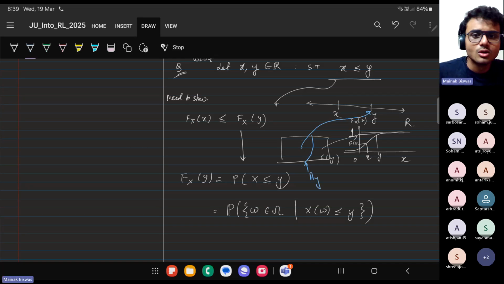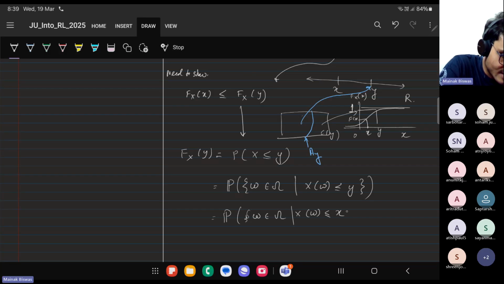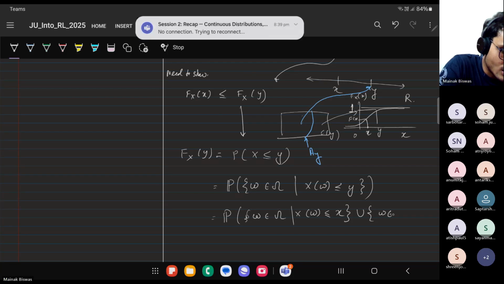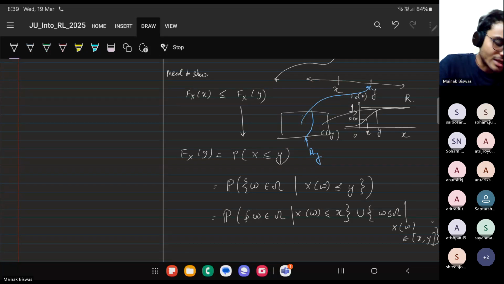So now, do you agree that I can rewrite this as the set of omega in the sample space with x of omega less than x, union the set of omega with x of omega between x and y? Can I write this as this?